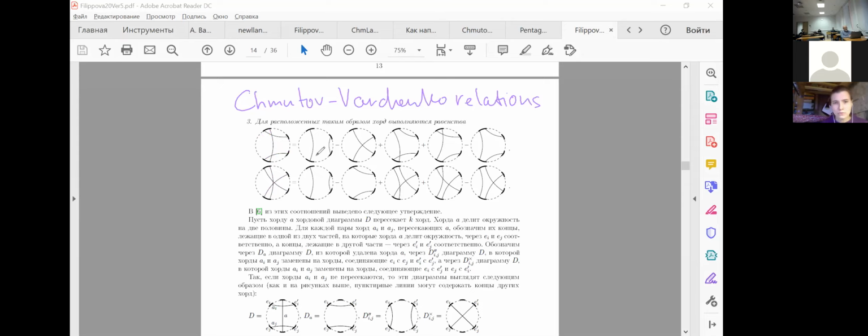Excuse me, could you zoom in on the images you're showing?